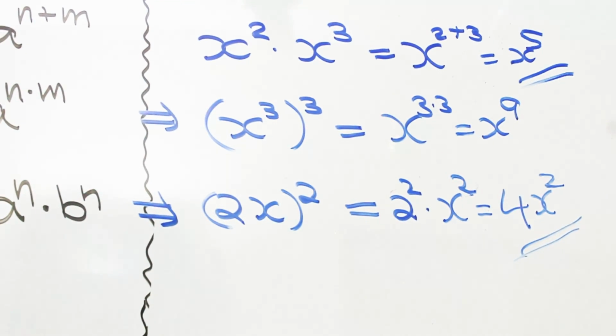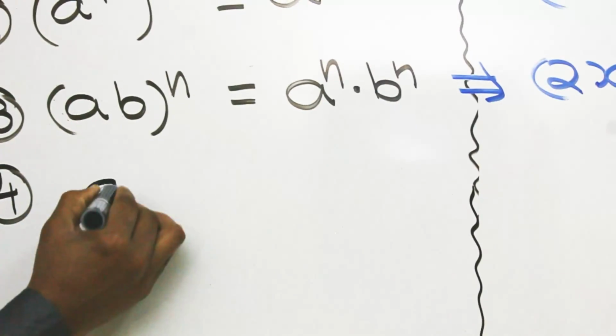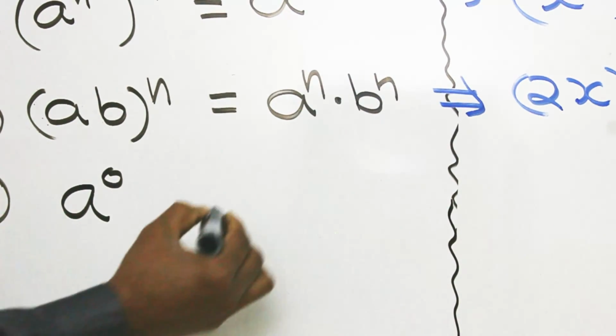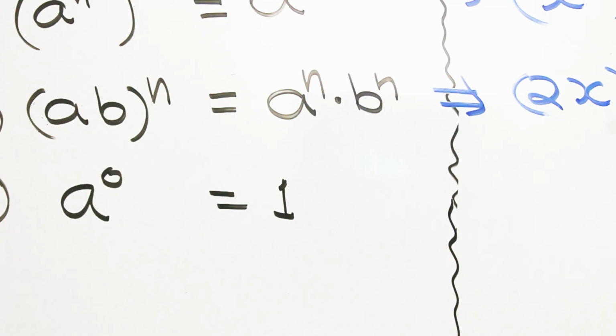Then we have some more important rules. Rule number 4: a power 0 is equal to 1. Any quantity, any number, power 0 becomes 1.